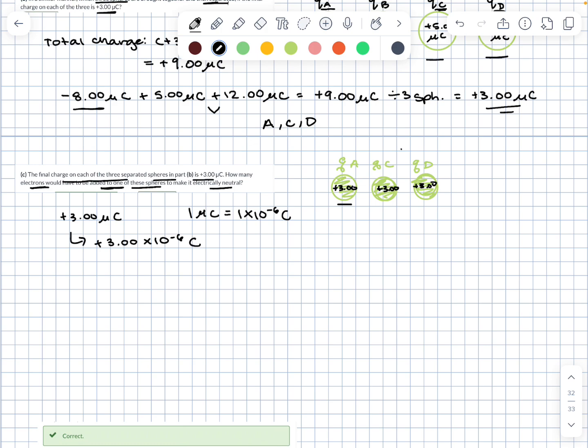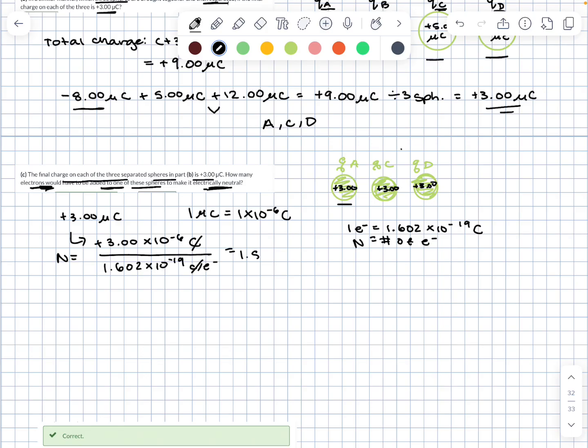Perfect. And this will help us with the next step because, as we remember, one electron has a charge of 1.602 times 10 to the negative 19th coulombs. So in order to understand how many electrons we have to add to the sphere to make it neutral, we're going to divide by this, because that's coulombs per electron. So the coulombs cancel out. And then if we plug that into our calculator, we get this N, because as you remember from the lessons, N stands for the number of electrons, which is what we're trying to find.